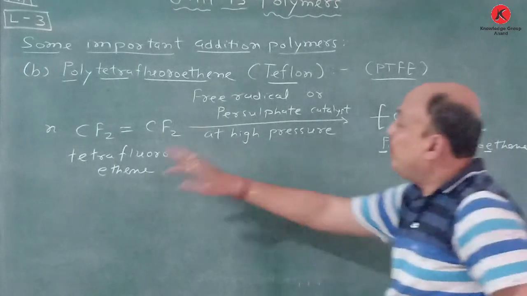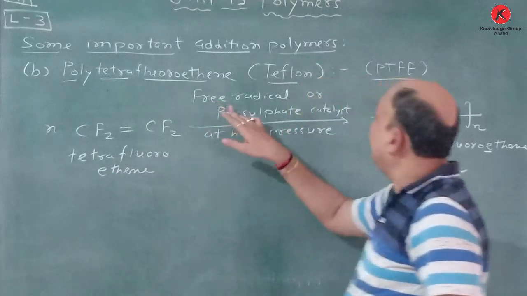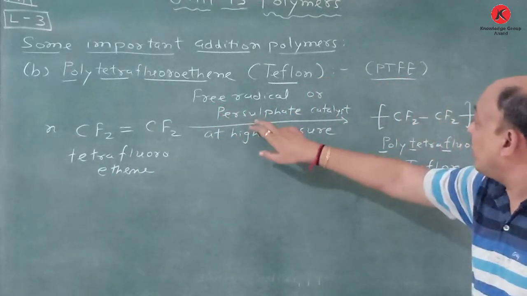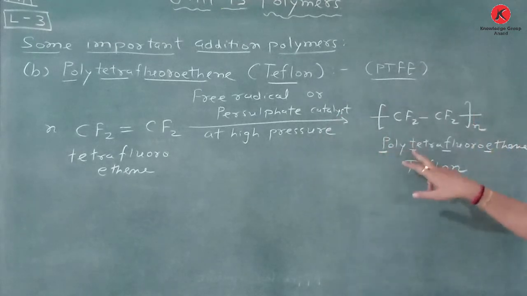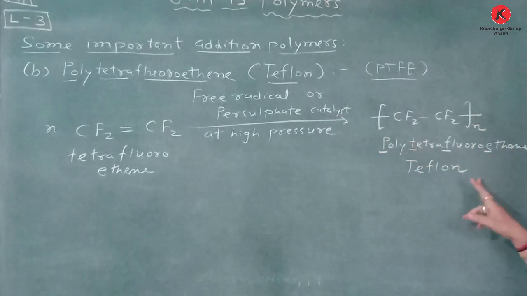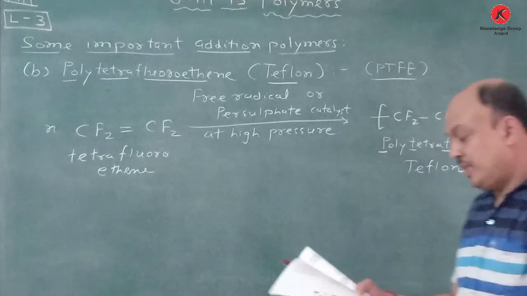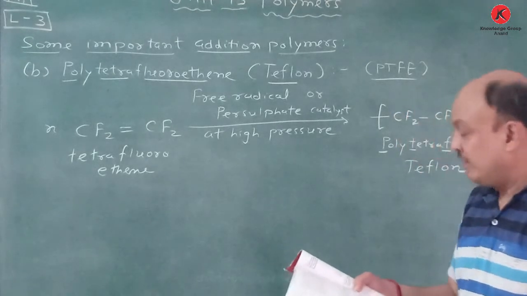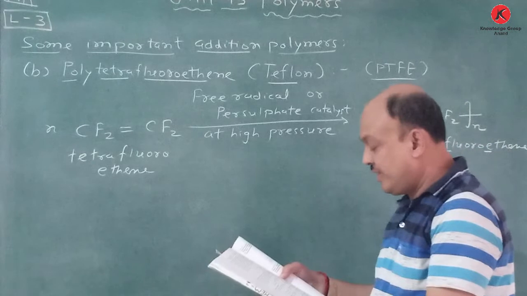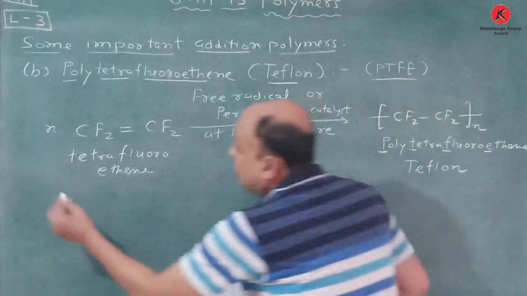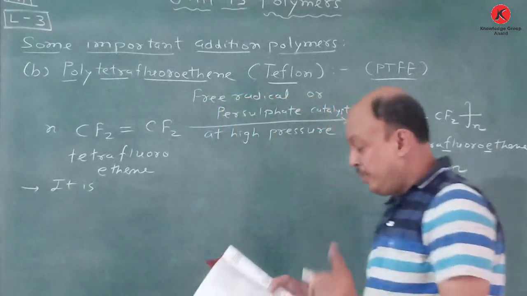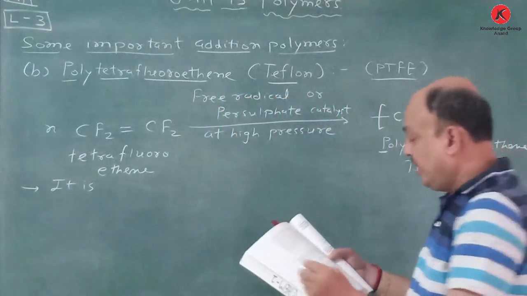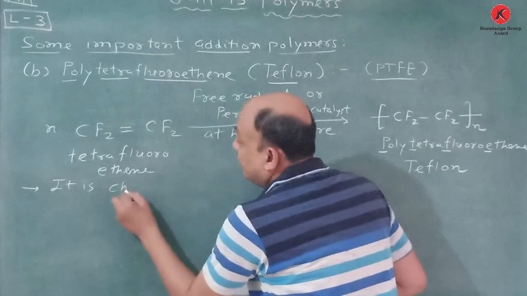Remember, a number of molecules of tetrafluoroethene, by free radical polymerization or persulfate catalyst at high pressure, give polytetrafluoroethene or Teflon. Chemically, it is inert. Remember this, that's why it is very useful.